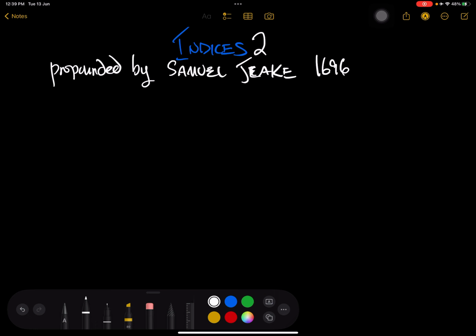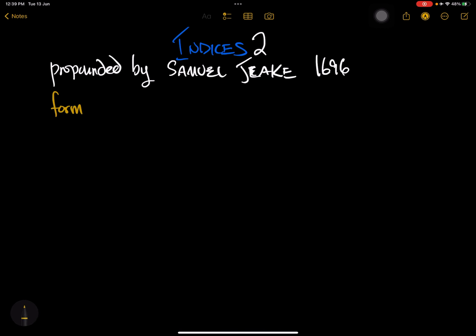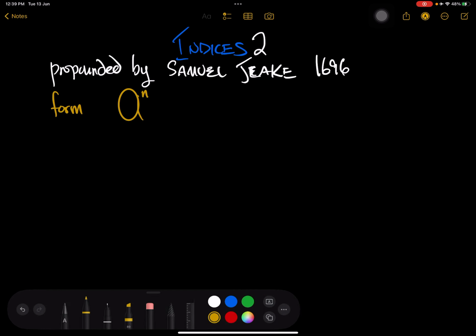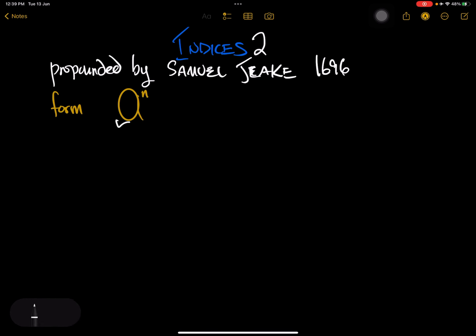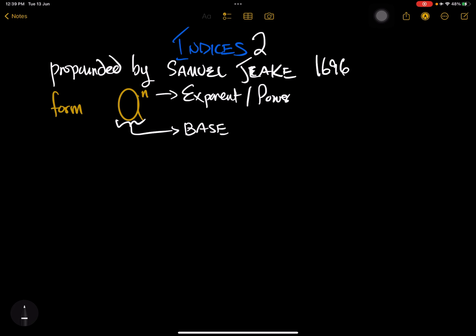We went straight ahead to say that indices are usually of the form a to the power n, where the a usually represents what we call a base, and the n represents something we call an exponent, or a power, or an index. Yes, that's what we agreed on the other time.